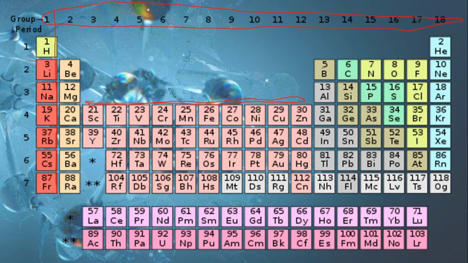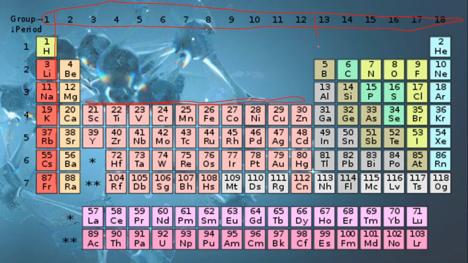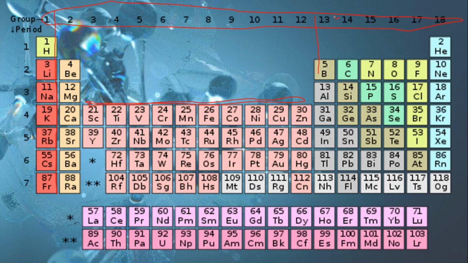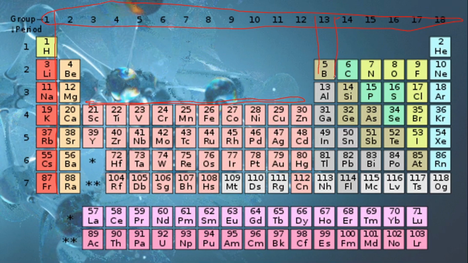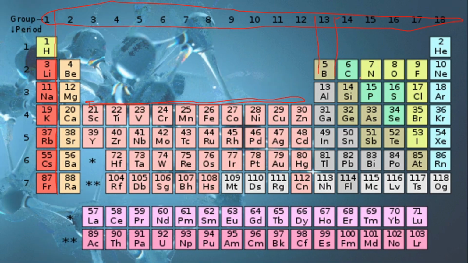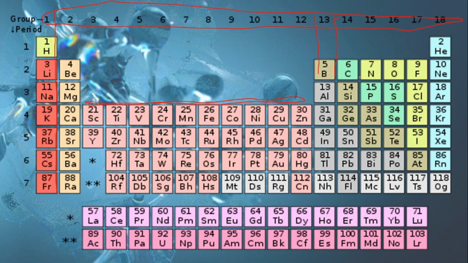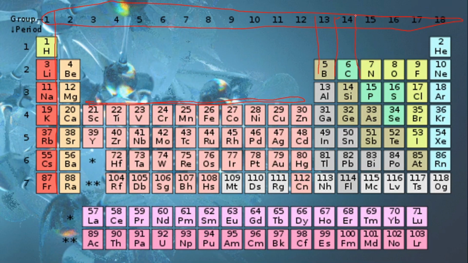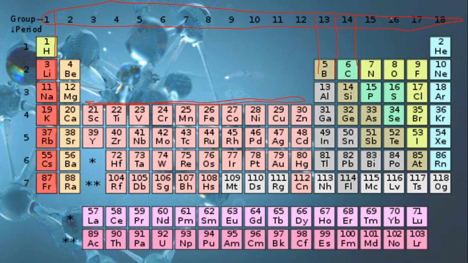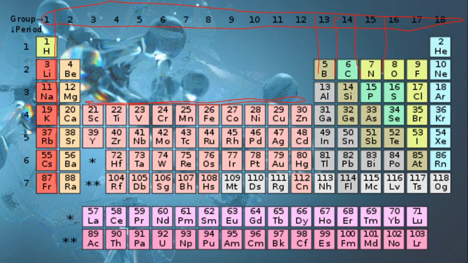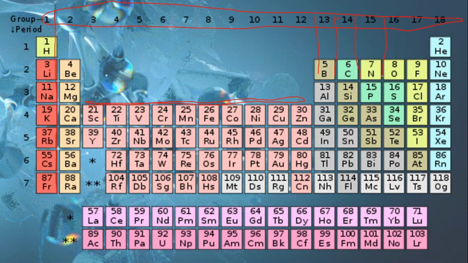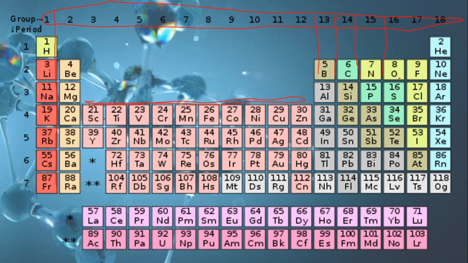Then the boron group has a valence electron of 3. The carbon group has a valence electron of 4. The nitrogen group has a valence electron of 5.